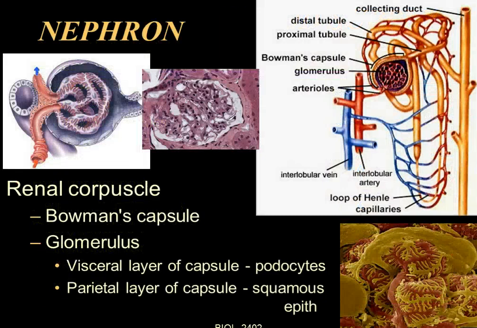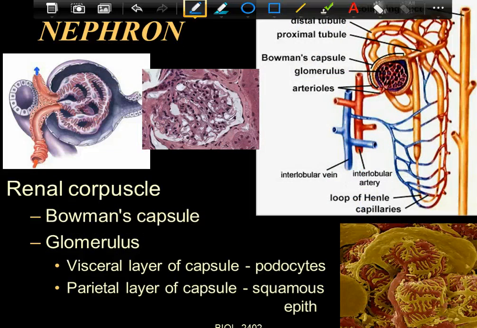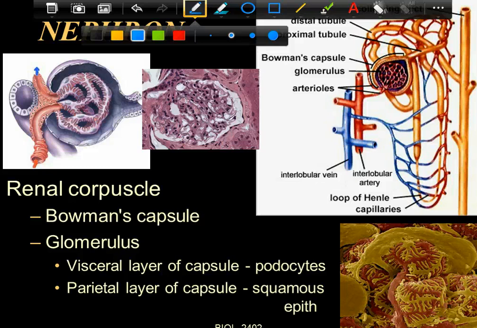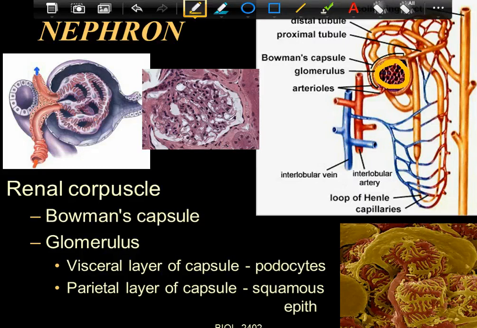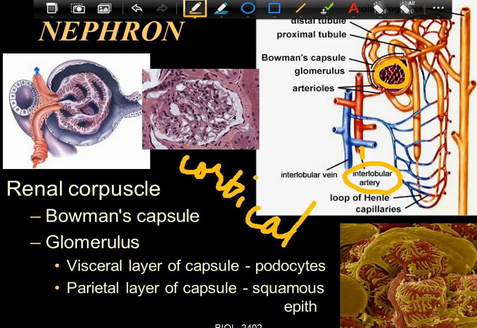Alright, so here's what I just showed you. Let me change to another color. Yellow. Here is the glomerulus right there. Here is the interlobular artery, also called the cortical radiate.